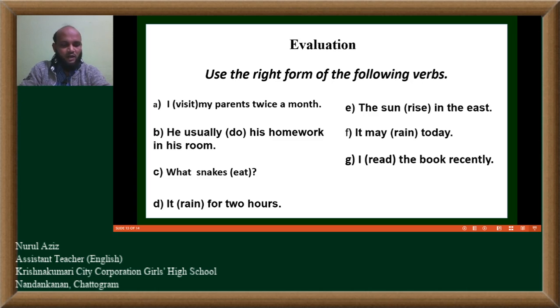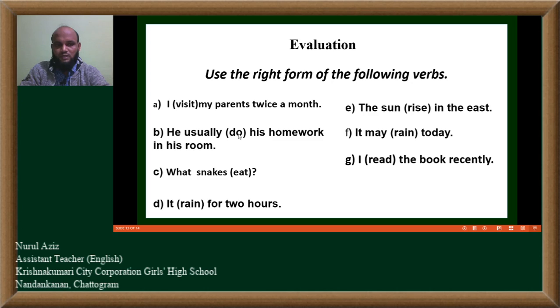First one, I visit my parents twice a month. This is a habit, you can say this is a regular activity that I visit my parents twice a month. So this is of course in present simple. So you have to write the verb accordingly.